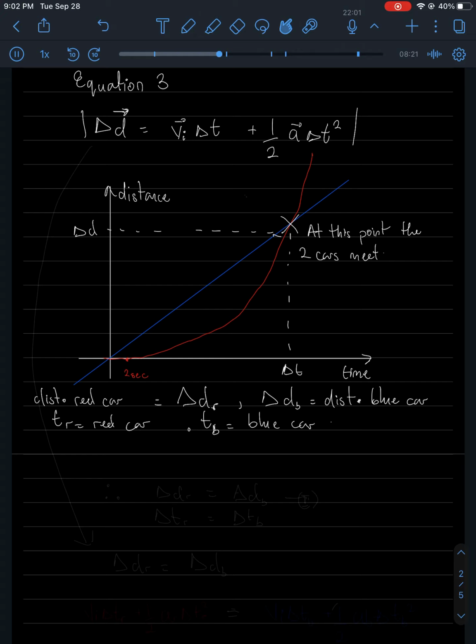We can also write this. We can say therefore delta dr at that point is going to be equal to delta db, and delta tr is going to be equal to delta tb.